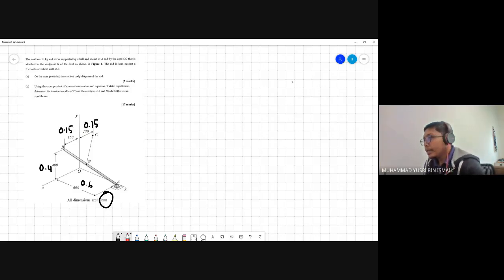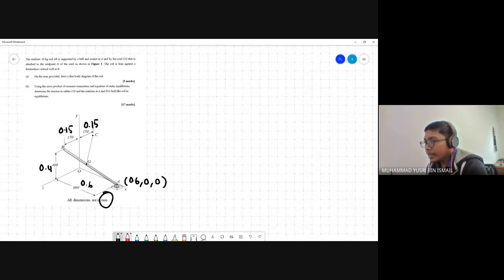From here, we write the coordinate of each position. For A, X is 0.6, and then 0, 0.